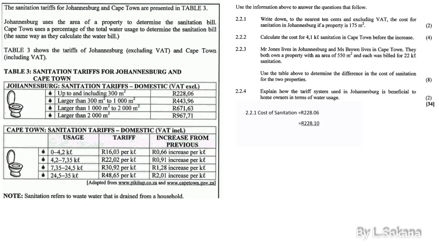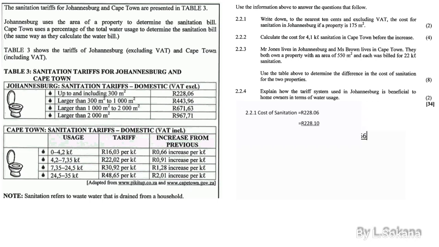So moving to 2.2.2, calculate the cost for 4.1 kiloliters sanitation in Cape Town before VAT. So the first thing is to check which bracket 4.1 falls under in Cape Town this time. So 4.1 kiloliters falls under the first bracket.